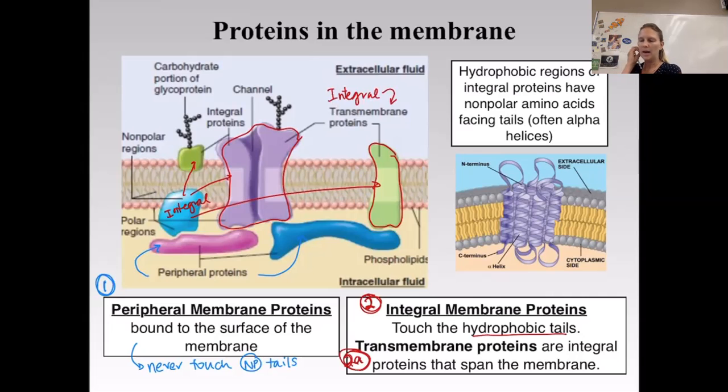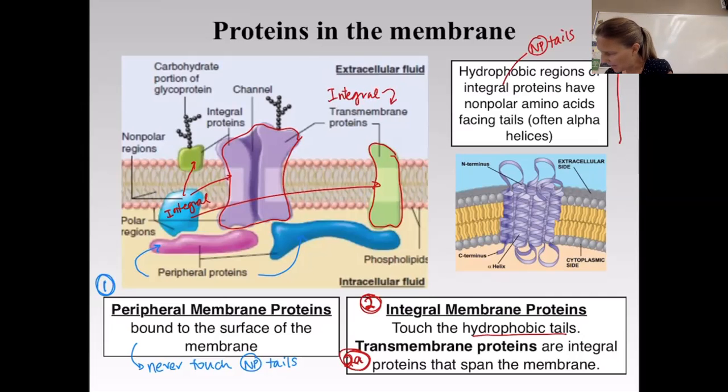All right, so hydrophobic regions, so let me rephrase, we're gonna go over here. So hydrophobic regions of an integral membrane protein, remember integral membrane protein is that they're gonna touch those nonpolar tails. They have nonpolar amino acids that are going to face those tail regions.